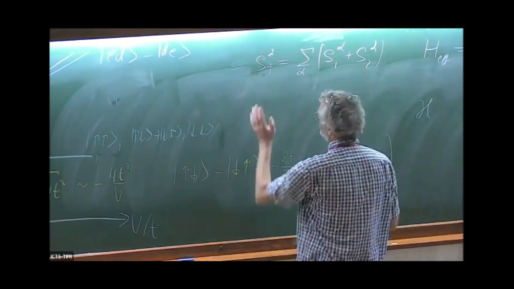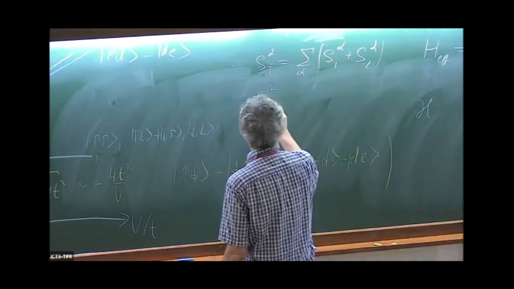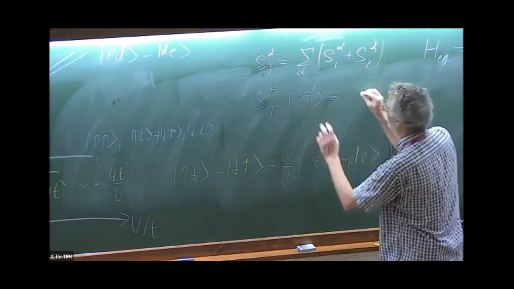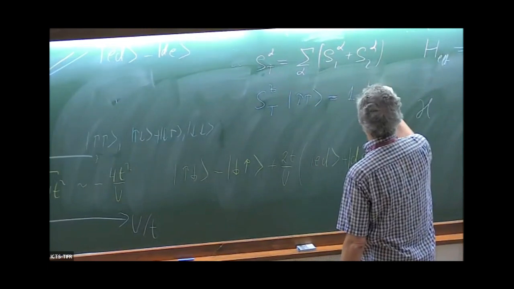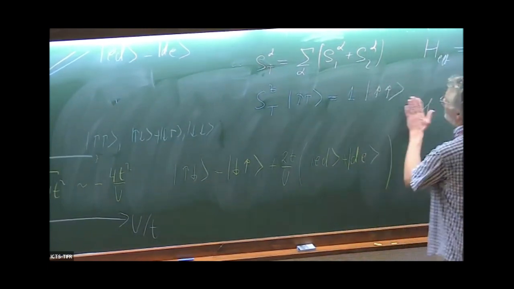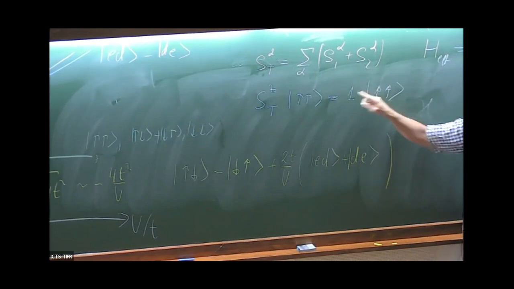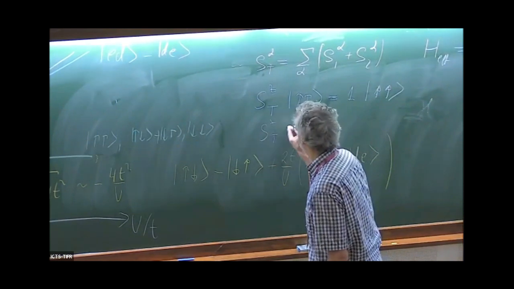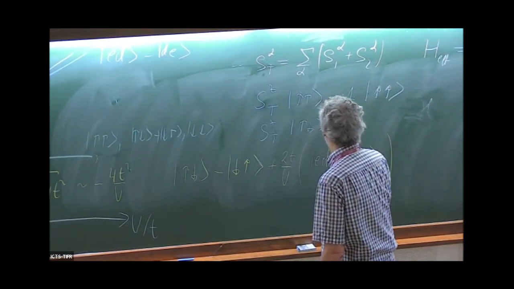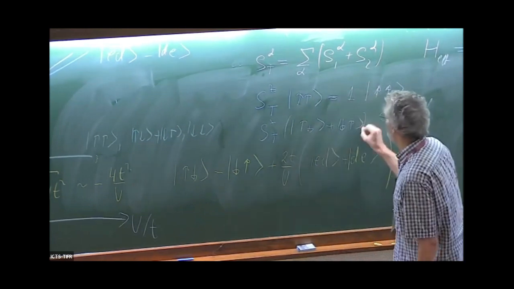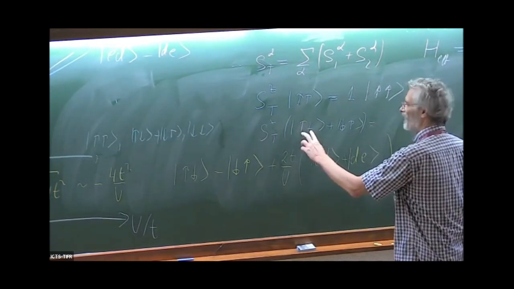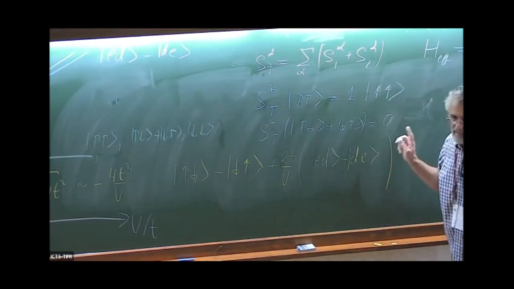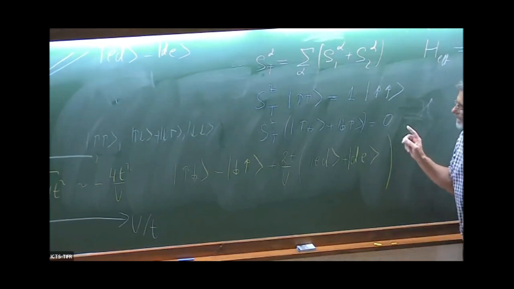And if we apply, for example, S^z total to up up, it will give us 1/2 plus 1/2, which is 1, times up up. So the S^z total of up up is just 1. If we apply the S^z total to up down plus down up, it will give us plus 1/2 minus 1/2, which gives 0. So this is the S^z equals 0 part.